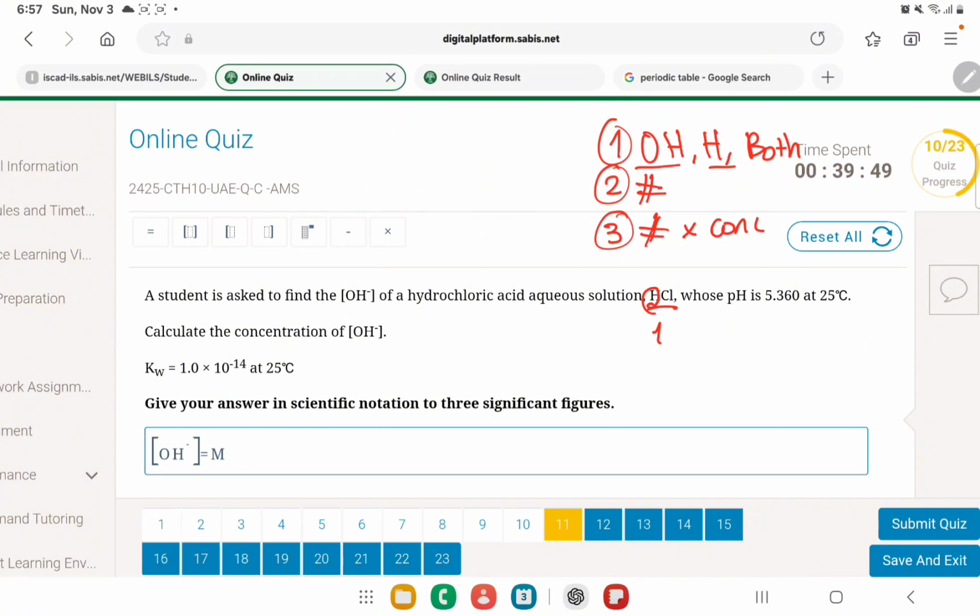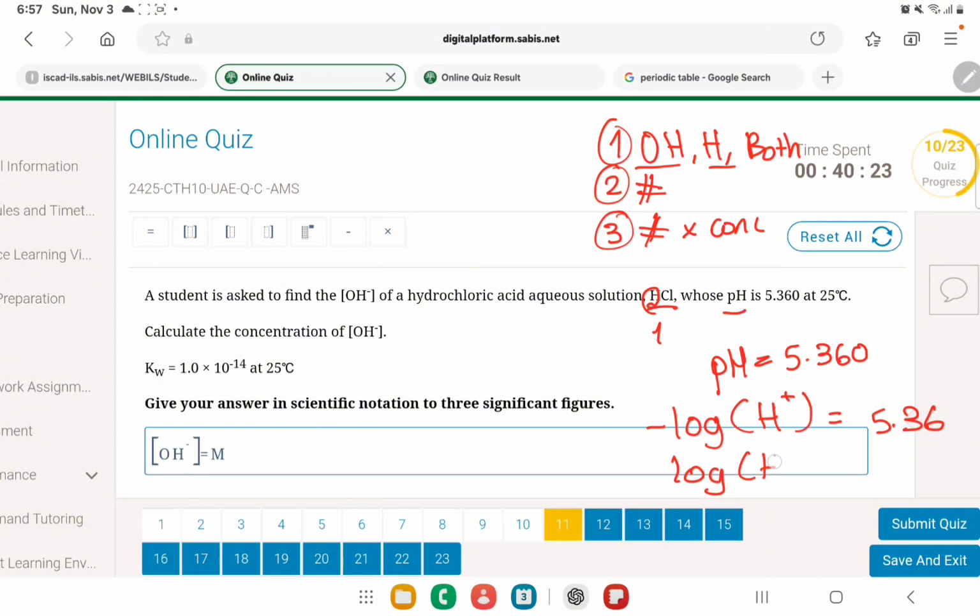So they didn't give us a concentration, they actually gave us the pH. So how can we find the concentration of H plus using the pH? So we know pH is equal to 5.36, and we know that negative log of H plus is equal to pH, right? So if you multiply both sides by negative, log of H plus is equal to negative 5.36.